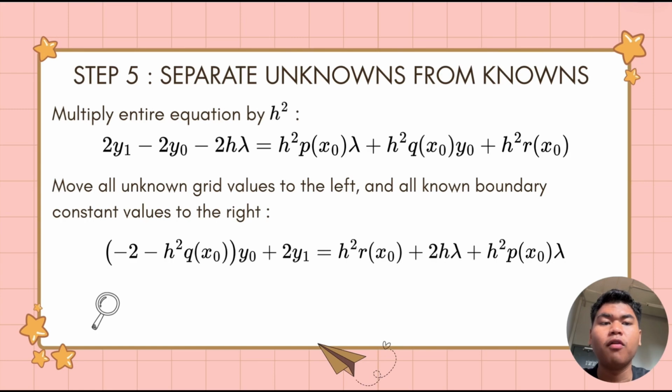On the other side of the equal sign, we group all of our known values, our step size h, our boundary constant lambda, and our function coefficients p, q and r. By structuring the final equation this way, we have achieved three critical things. We have successfully integrated the Neumann boundary condition, completely eliminated the out-of-bound ghost node, and formatted this specific boundary row so it can be inserted directly into our tridiagonal linear system matrix.